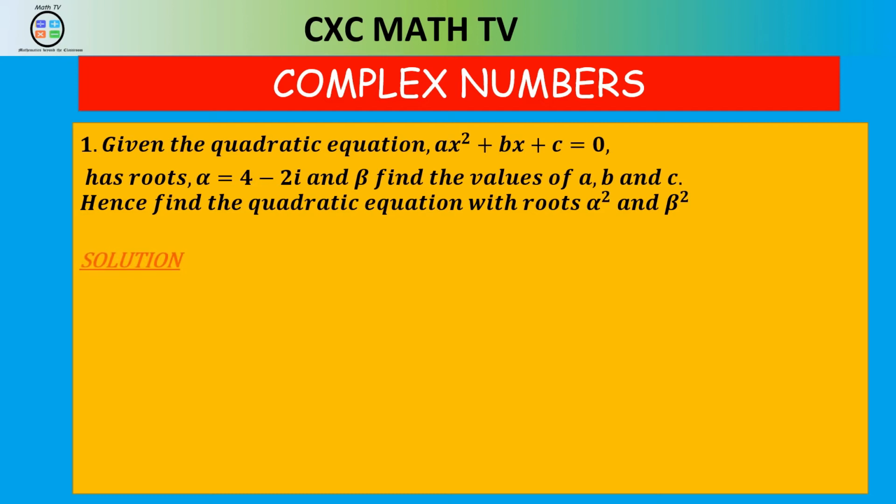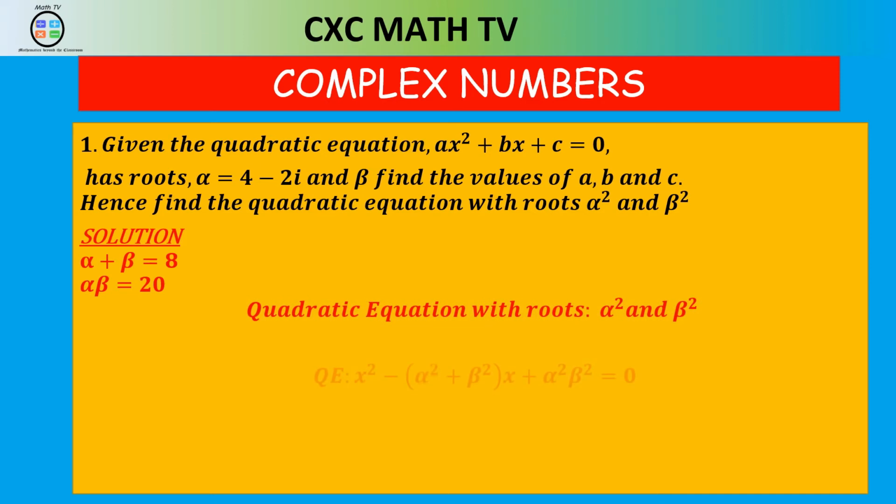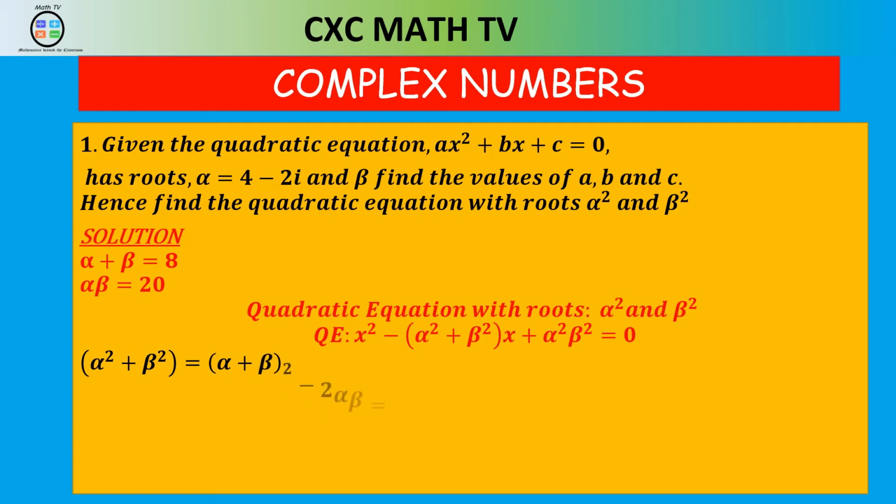But let's recall, alpha plus beta is 8, alpha beta is 20, and we know the form that the quadratic equation is going to take. Now alpha squared plus beta squared is equal to alpha plus beta all squared minus 2 alpha beta, so we substitute alpha plus beta as 8 and alpha beta as 20 to get 8 squared minus 2 times 20, and that's 24.